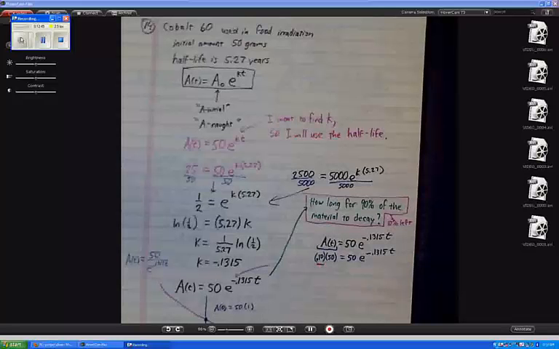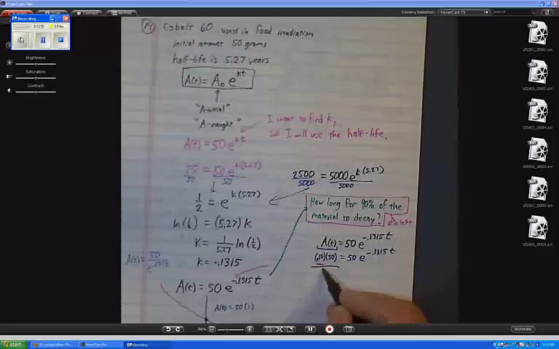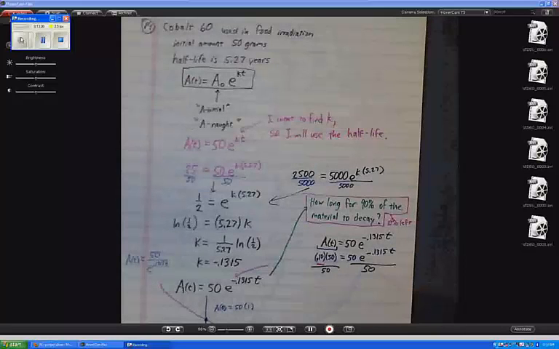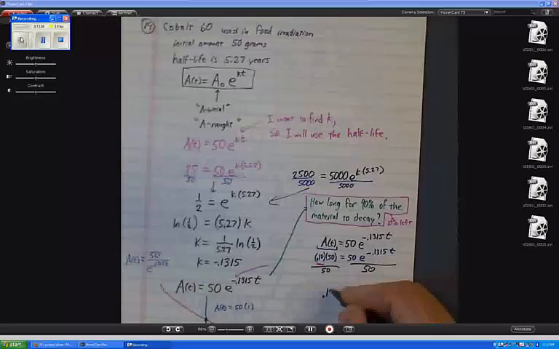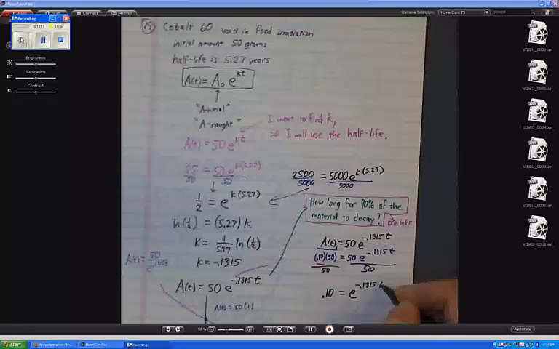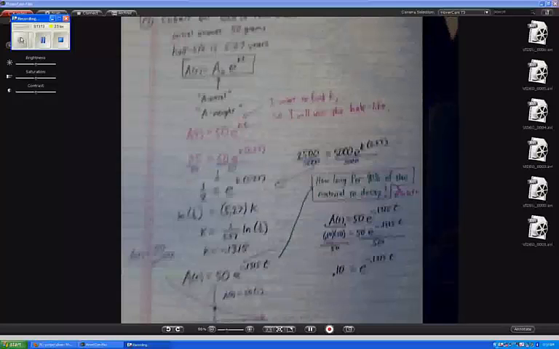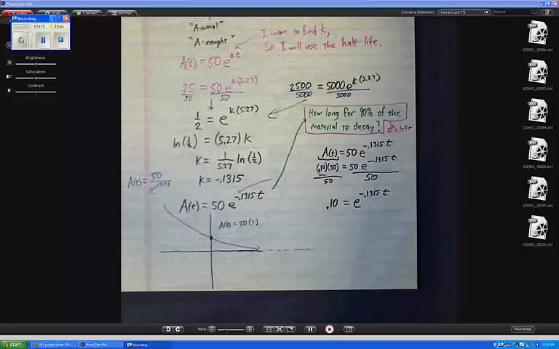Now, what's the next step? We're going to divide both sides by what? By 50. So let me go ahead and do that. I'll divide by 50 on both sides. Some 50s cancel. And so what I get is 10% equals e to the negative 0.1315 t. That's good?